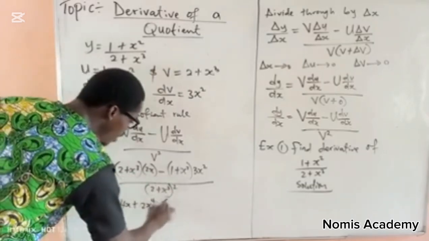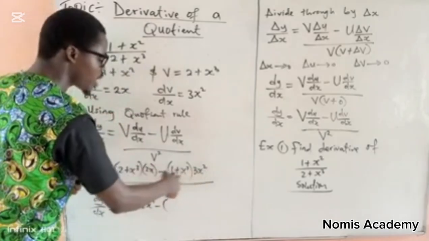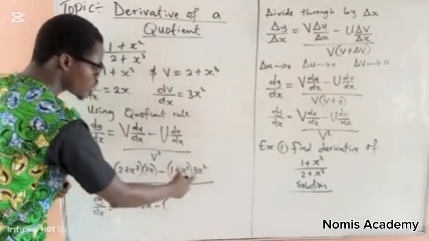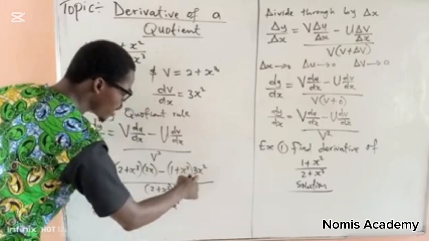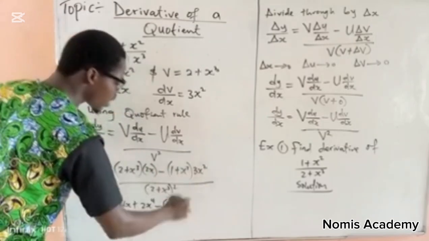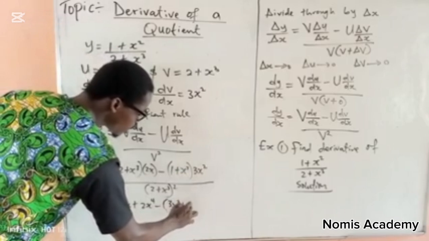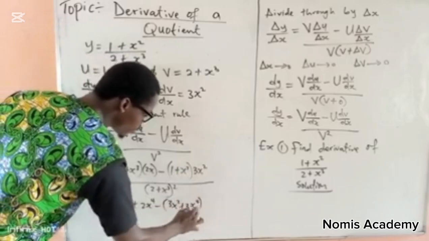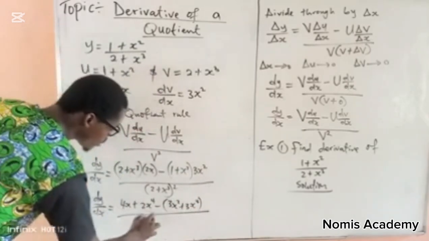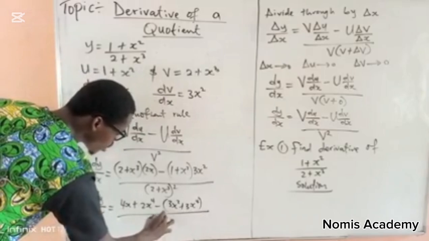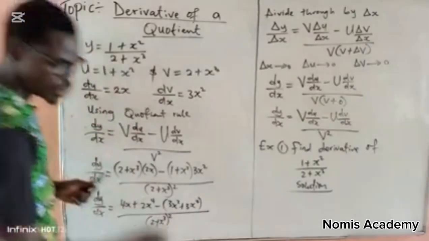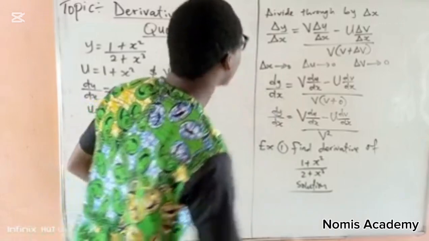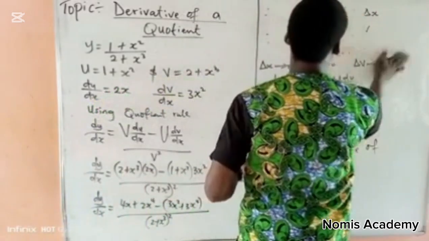And then we have minus 3x squared multiplied by what we have in the bracket. 3x squared multiplied by 1 is 3x squared, and then 3x squared multiplied by x squared is plus 3x raised to the power of 4, all over 2 plus x cubed raised to the power of 2. So let's go to the other side of the board and then we continue the solution.